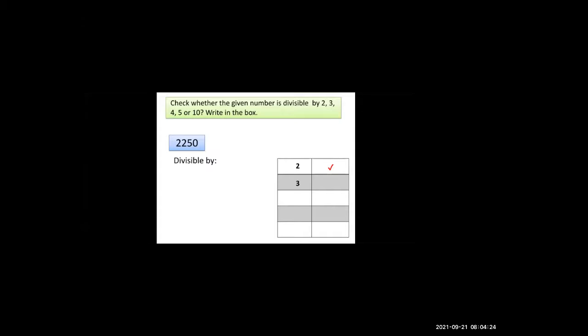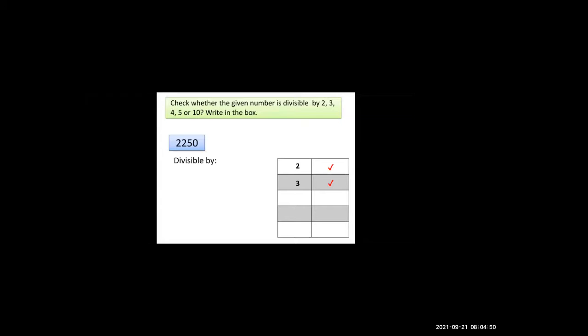What is 2 plus 2? 4. And 4 plus 5? It is divisible by 3. Yes, 4 plus 5 gives you 9. And you all know that 9 comes in the table of 3. So, we say that the number is divisible by 3. Have you all understood how to check whether the number is divisible by 3 or not?